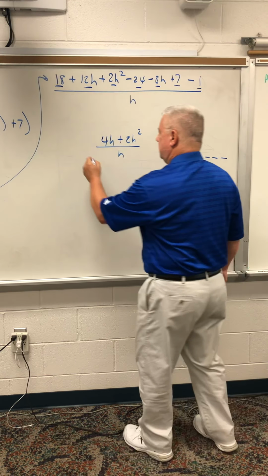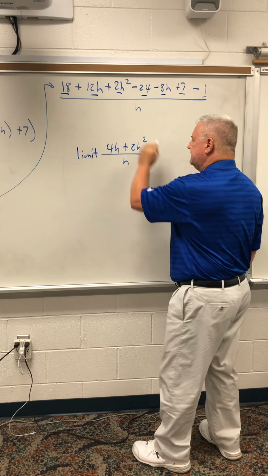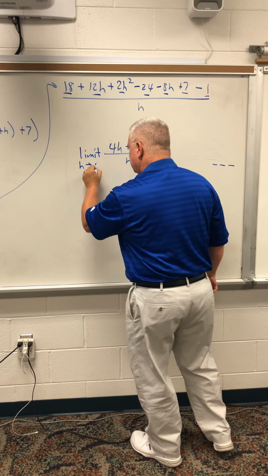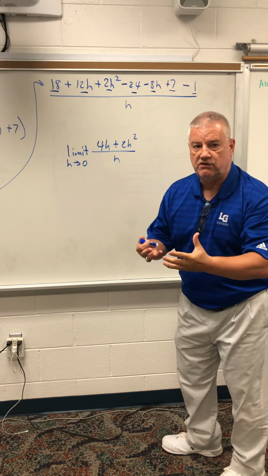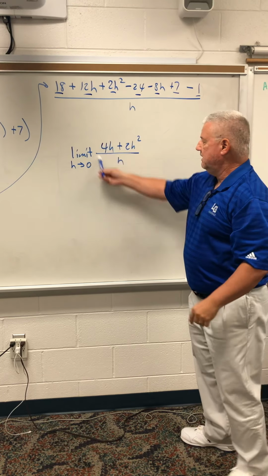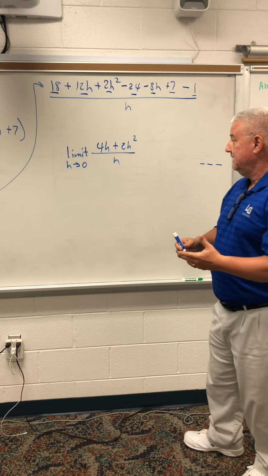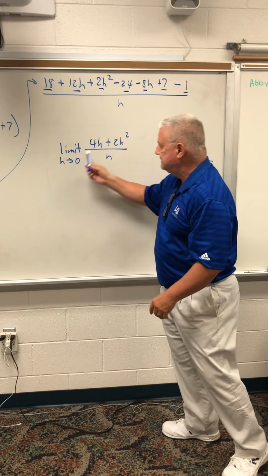We're going to take the limit of this expression right here as h approaches, as h gets closer and closer to 0, and see what happens. One of the things that we'll learn about limits is we can take this number and put it in place of that variable.